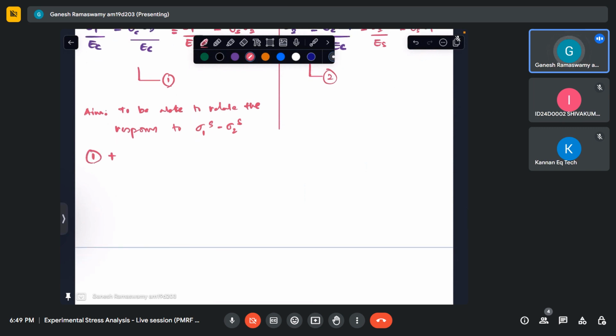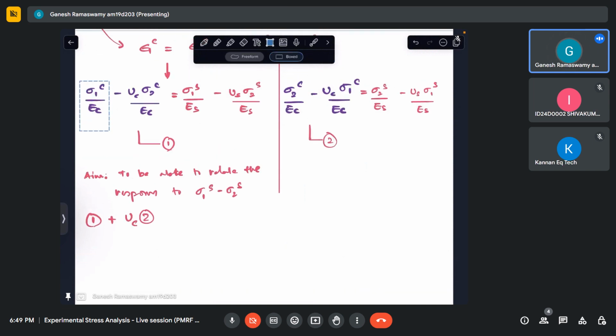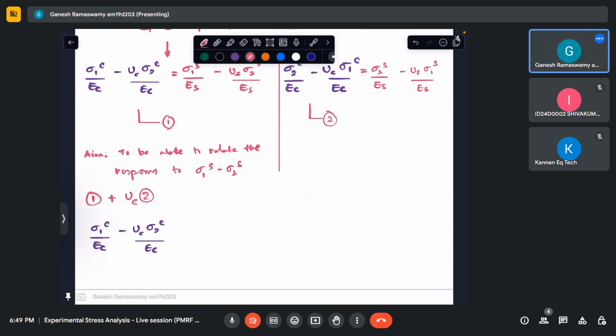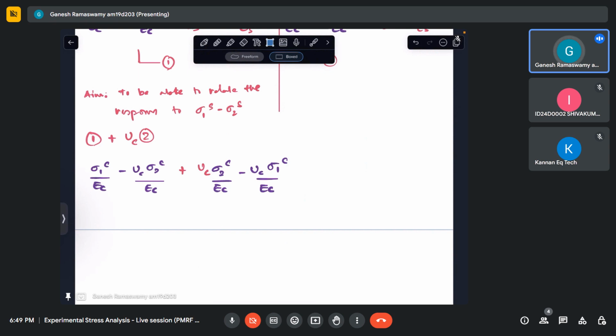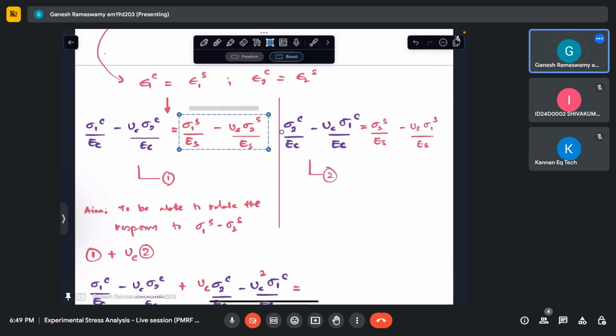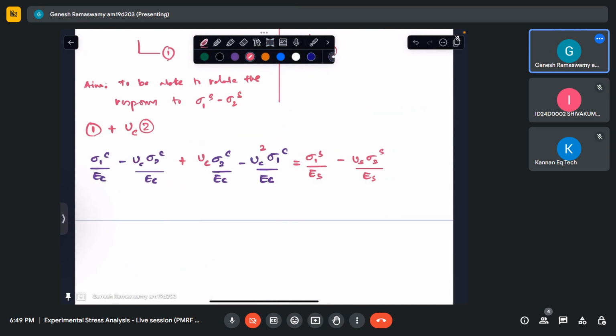It gives me equation 1 plus mu c times this. So this mu c becomes squared, is equal to, I have this plus this quantity. And here one mu c will be there, and then mu s mu c, and this is minus.